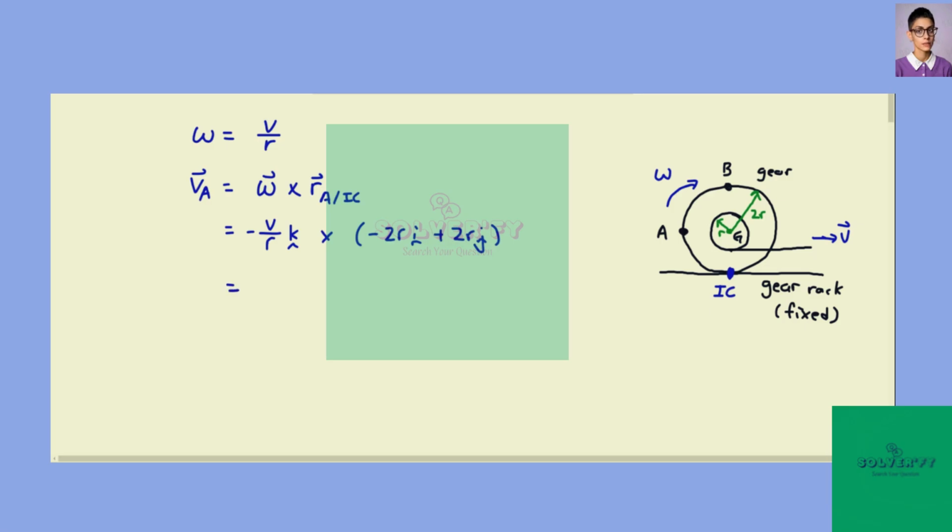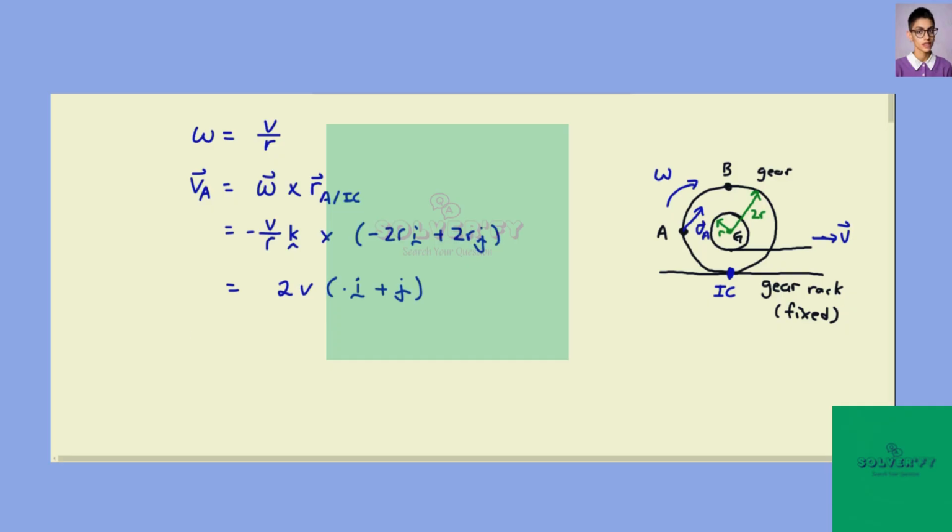Okay, so this is going to be 2V, and then minus k cross minus i gives plus j, and then minus k cross j gives plus i. So basically this direction is going to be our VA.